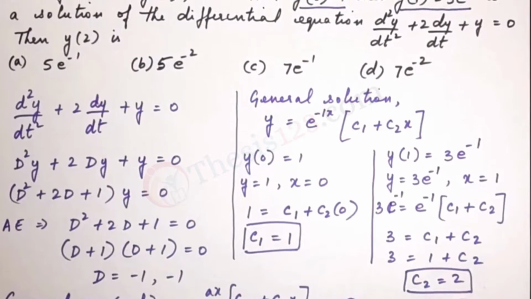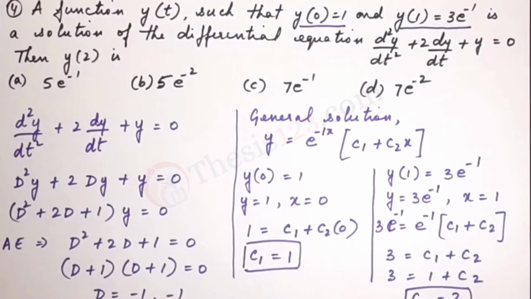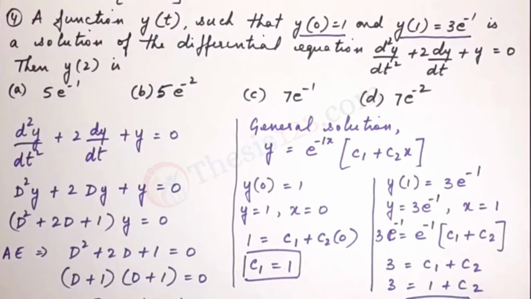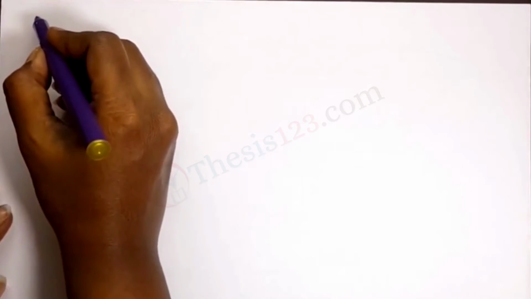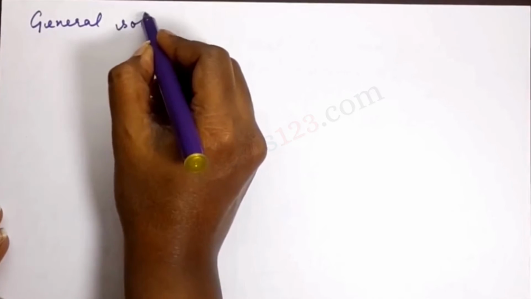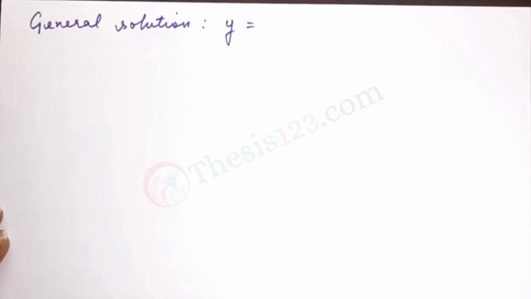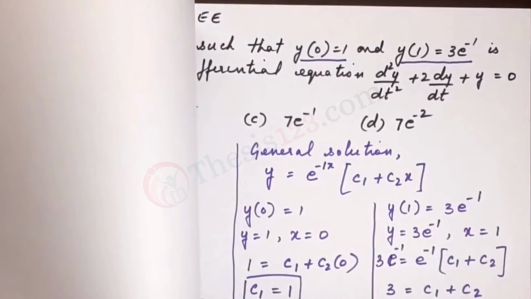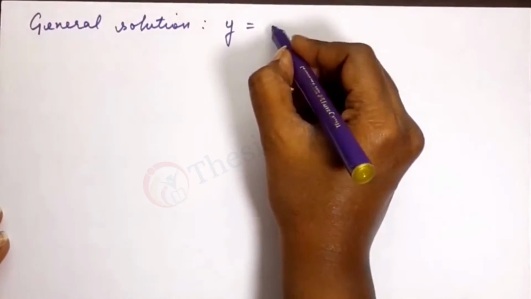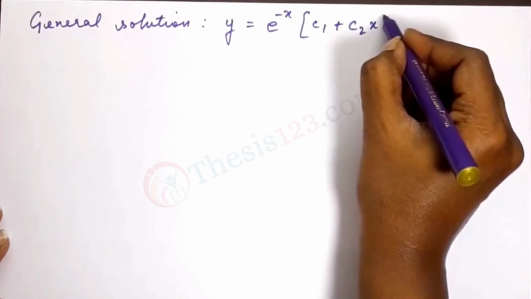Now when we substitute this into the general solution, it becomes the particular solution. So let me just grab another piece of paper here and write that down. So the general solution is y is equal to e power minus x, c1 plus c2x.